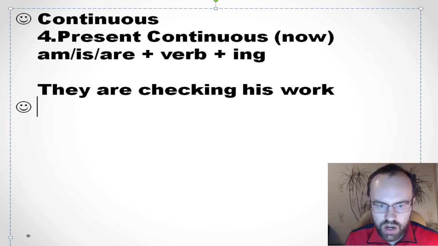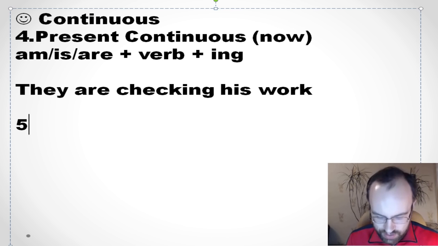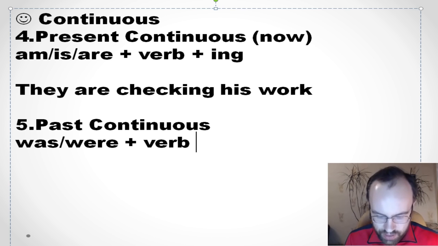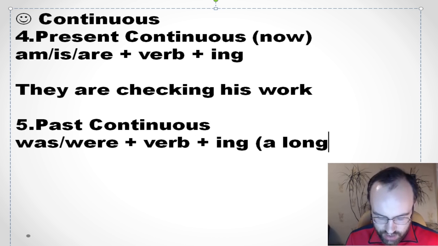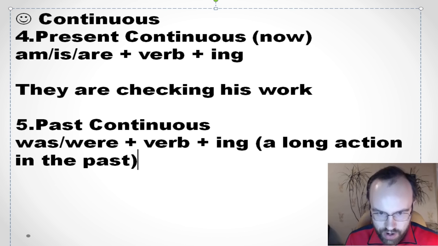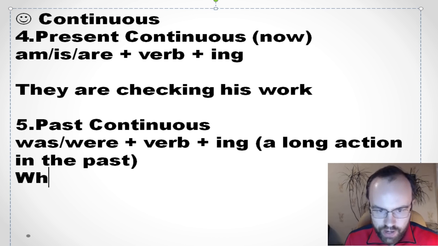What about past continuous? How do we form past continuous? I hope that you remember it. It's was or were plus verb plus ing. It's a long action in the past. We often use it with when.